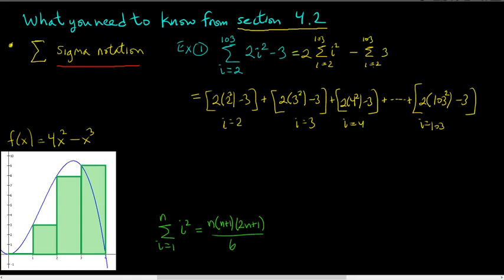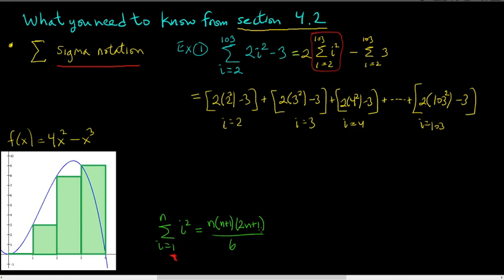Okay. So now let's concentrate on this right here. How do I calculate that? Well, I'm going to use this formula. Now, there's one issue, of course. This starts at 2, whereas in the formula, you have to start at 1. But that's not really an issue, because if you start at 1, you're just including when i is 1.